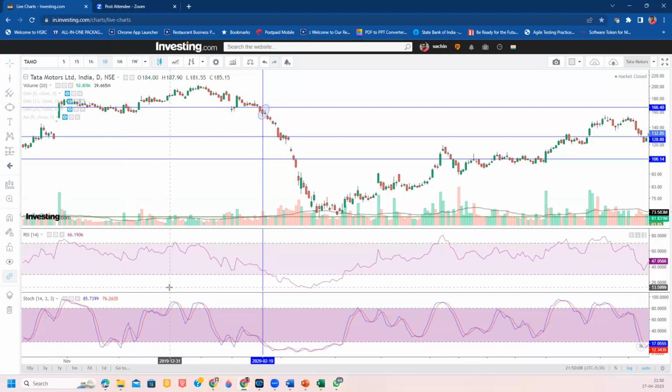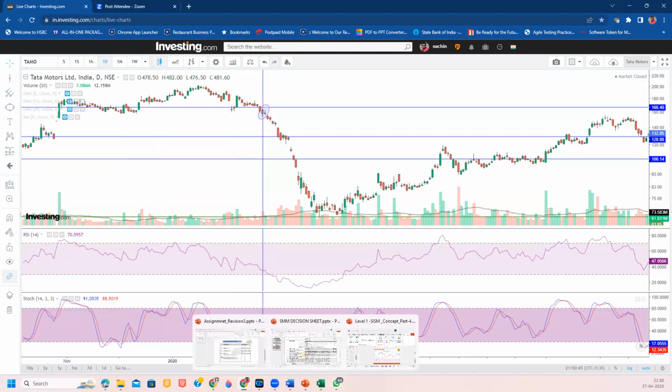There is a third decision which sometimes we need to do to refine the entry or exit, and it is mostly applicable in the day trading scenario. In the Tata Motors example, I'm treating this as a normal positional trade rather than a day trade, and that's the reason I'm not going into the lower time frame. Otherwise, we will look into one example where anyone wants to do day trading, and in that condition one more check of the lower time frame can be done.